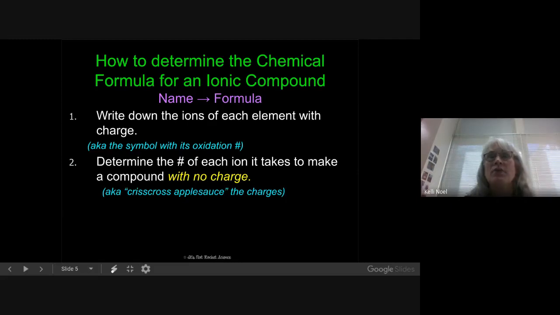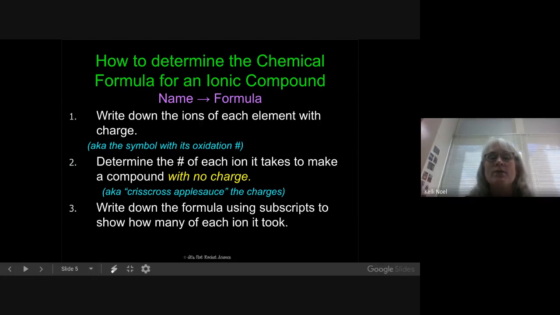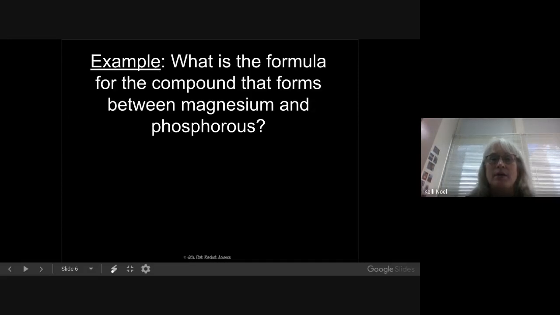We're going to use something called crisscross. It's going to make it really easy. You can always draw them like we did yesterday with electron dot diagrams, but this is going to make it simpler. You're going to write down the formula using subscripts to show how many of each ion it took. And then you may have to reduce, just like you reduce in math. So you just have to keep that in mind.